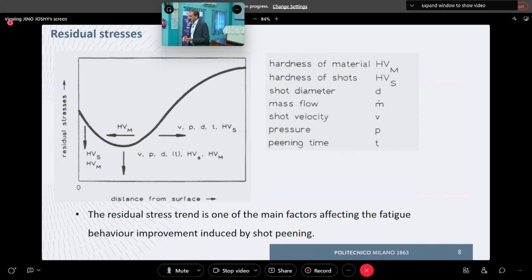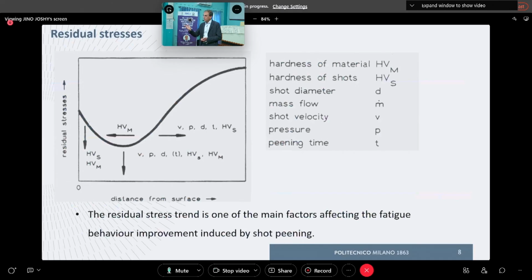Indeed, I repeat, why is this important? Because if we want to correctly design the shot peening treatment, we need to know how the parameters are related, especially to the residual stress field. Because finally, we will see tomorrow that the residual stress field can be used with some fatigue strength criteria, assessing the effect of residual stress, and finally of shot peening, on the improvement of fatigue behavior.